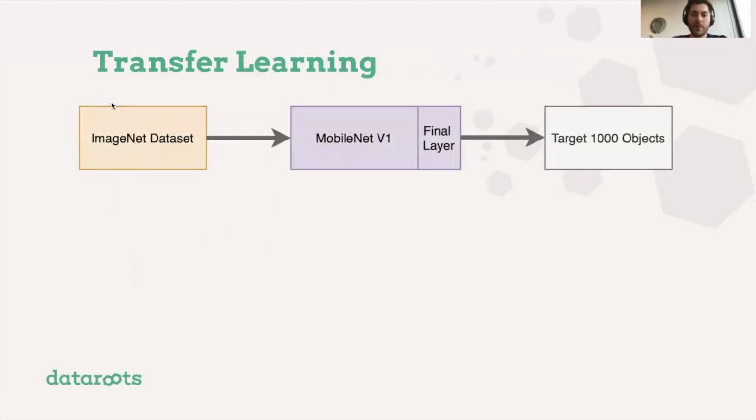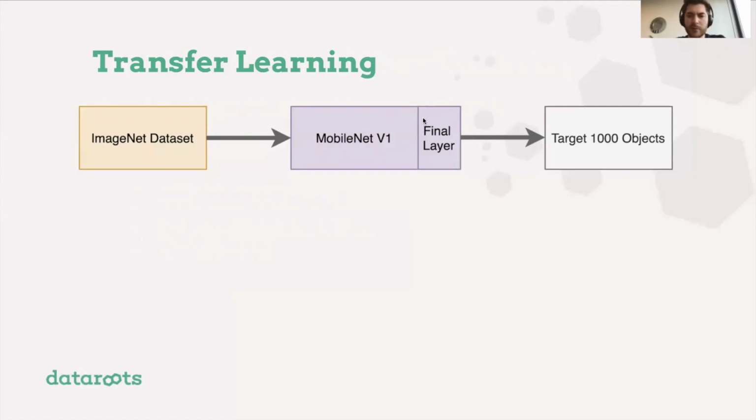So what is transfer learning? As I said, this MobileNet V1 architecture is trained to predict these 1,000 objects, and the ImageNet dataset is used during the training. This dataset also has 1,000 different objects, as you might guess.